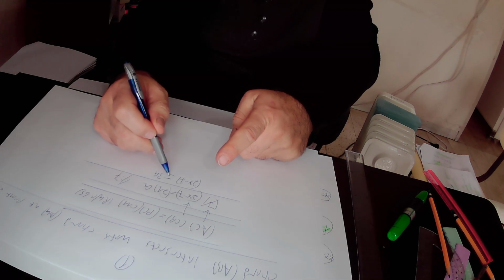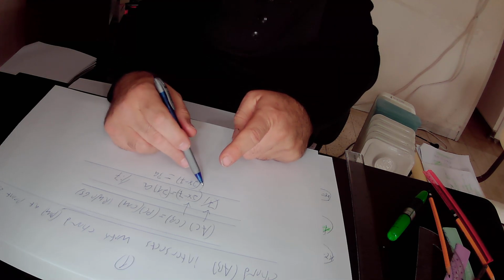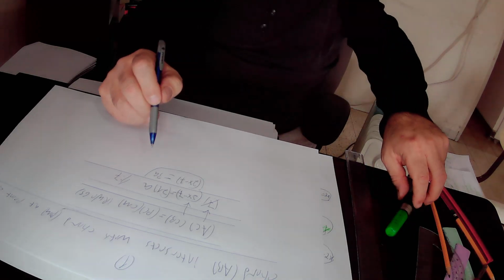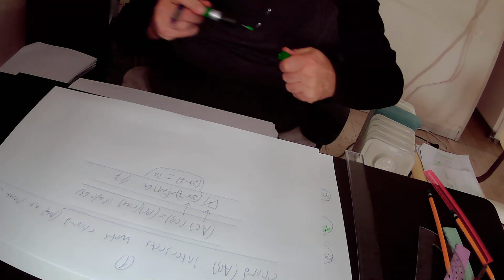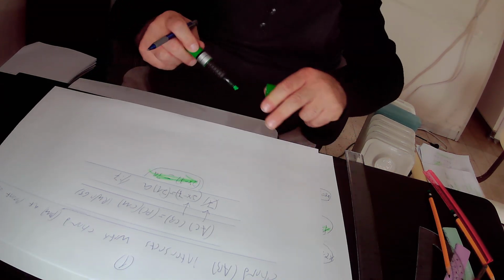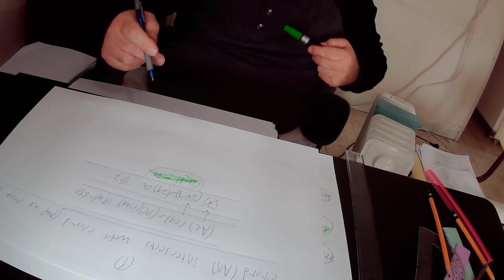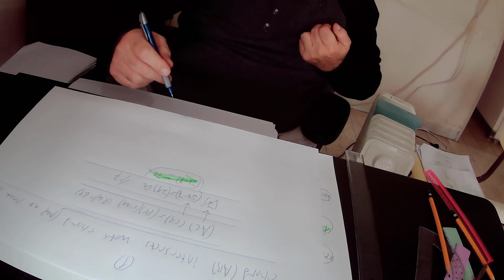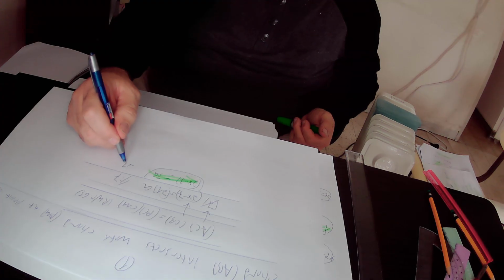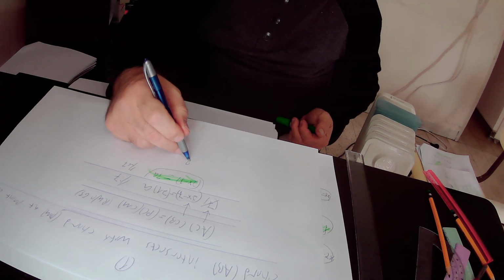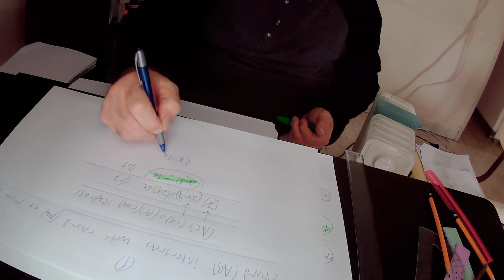So in total we found out that 2x minus 7 equals 3A. Here we add 7 to this equation and get that 2x equals 3a plus 7.